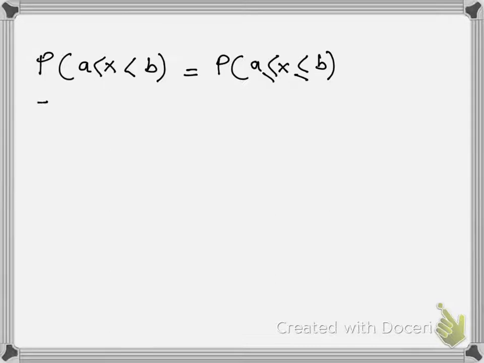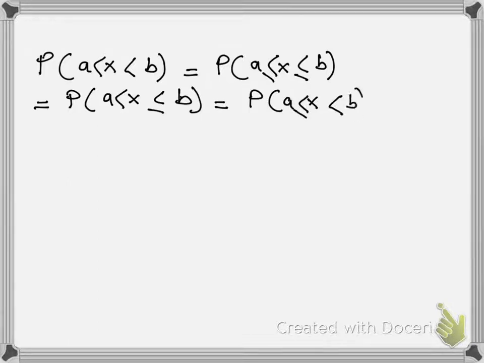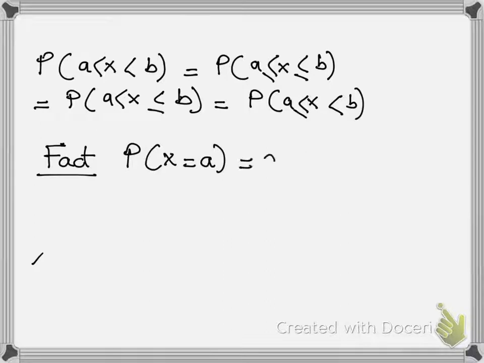That's also the same as the probability of x strictly larger than a and less or equal to b, and also the same as the probability that x is larger or equal to a and strictly less than b. All these probabilities are equal. That's because the probability that x is equal to a is always 0.